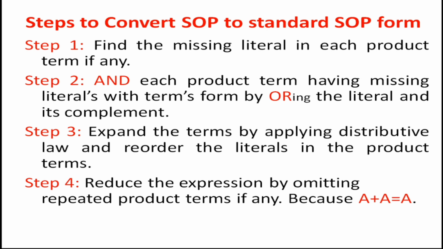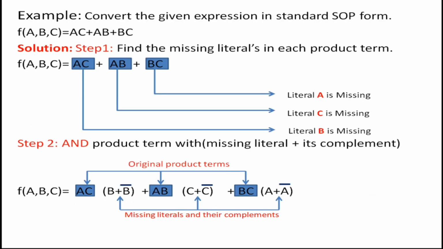So let us take an example and try to understand how we convert a sum of product to a standard sum of product form. We convert the given expression into a standard SOP form.